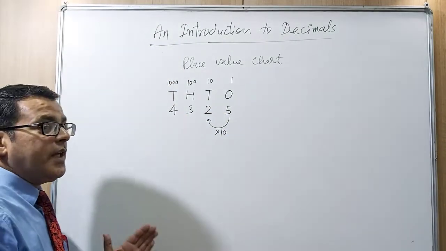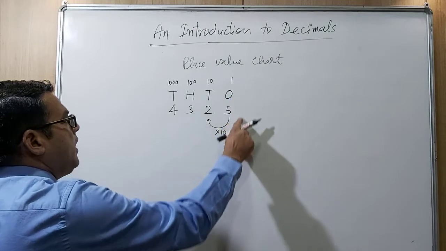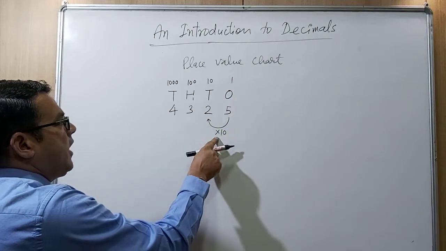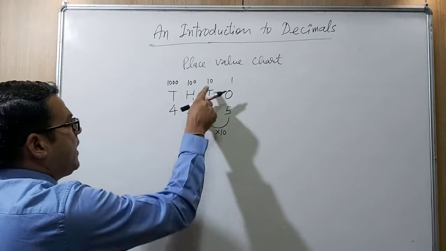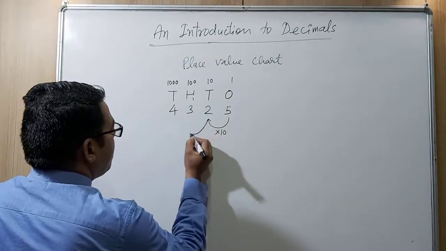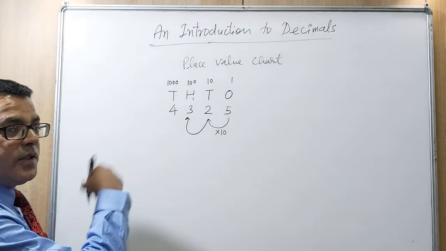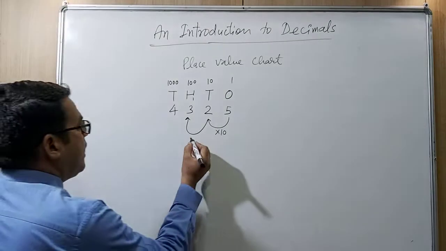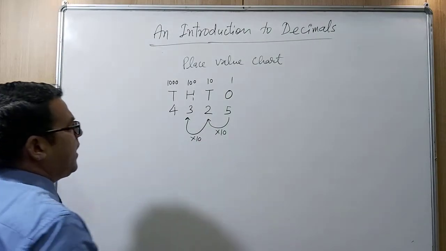So how can we get 100? If we multiply this 1 by 10, we have 10 here. Similarly, if we want to move to the next column, again we have to multiply by 10. Then only we'll get 100.